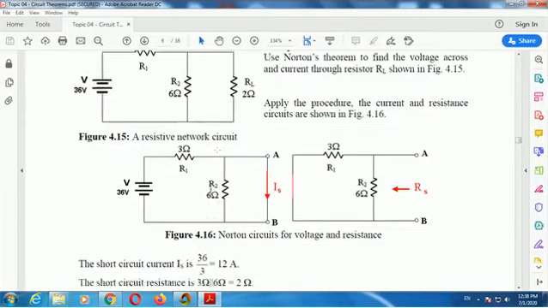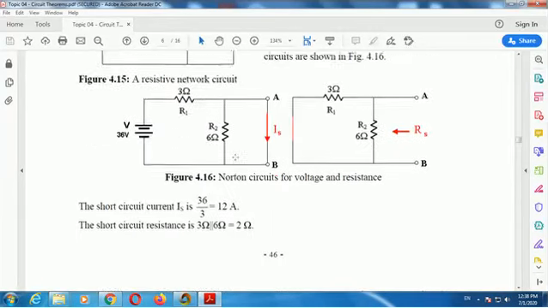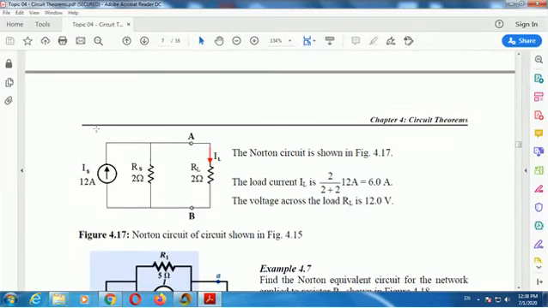This will be called the Norton theorem: we reduce the complex circuit to a single current source in parallel with a resistance.